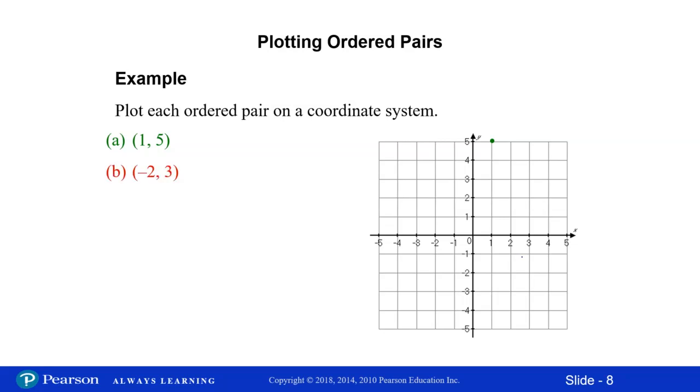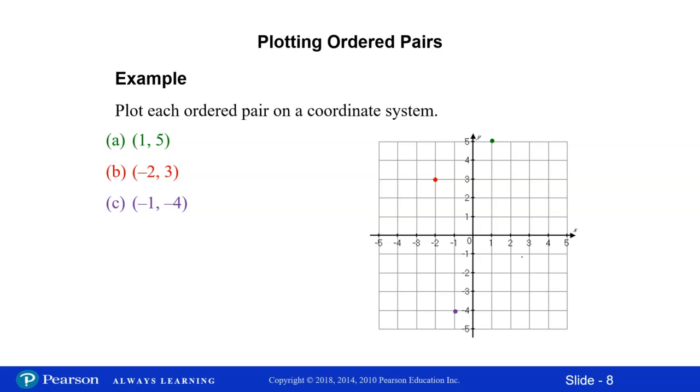(-2, 3). -2 is on your left side. So you will go 2 to the left first, and then you will move 3 steps up. This point, the red dot, is your (-2, 3). Let's try a few more. (-1, -4). -1 is on your left, but this time the -4 means you will go 4 steps down.